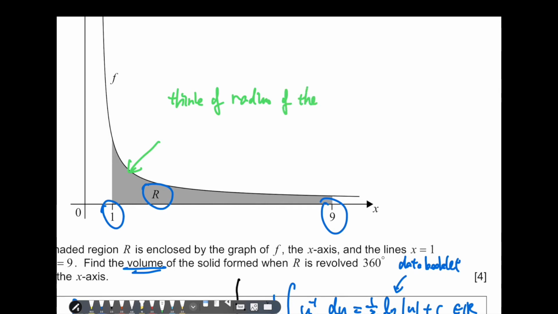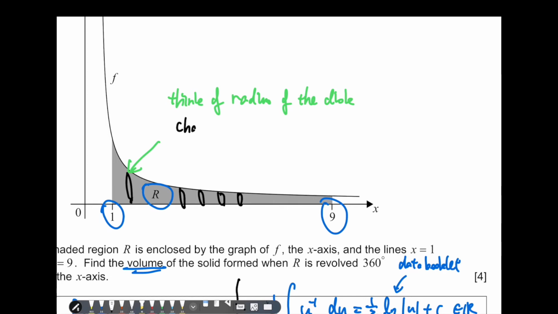We see that the radius of the disk is changing from time to time. It is bigger, and then it's getting smaller and smaller. So the radius of the disk is varying.